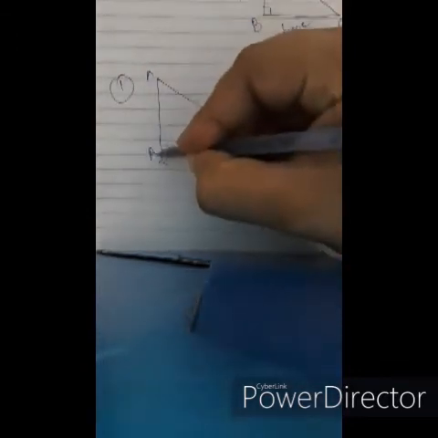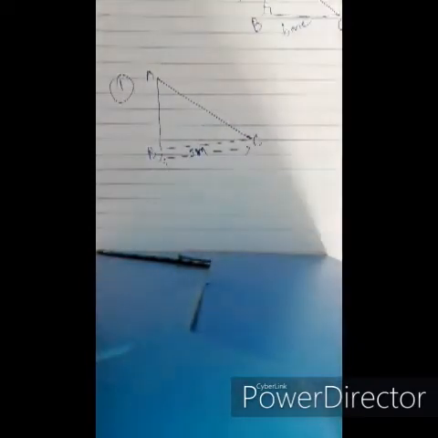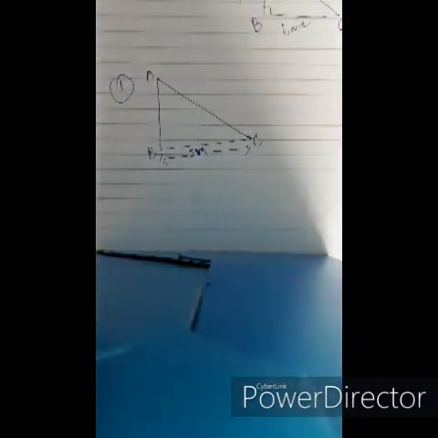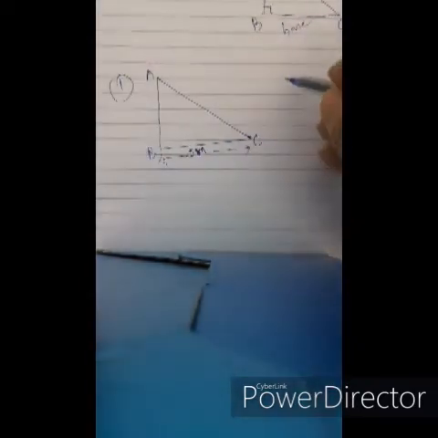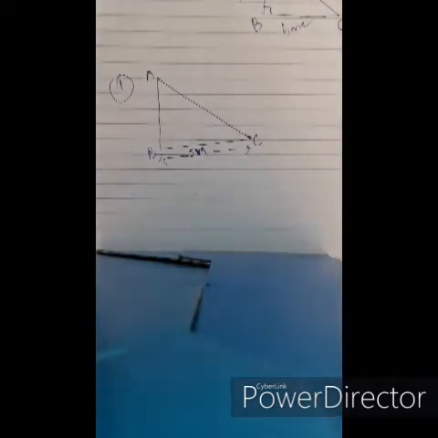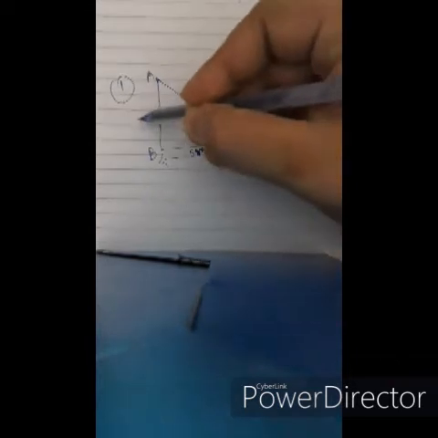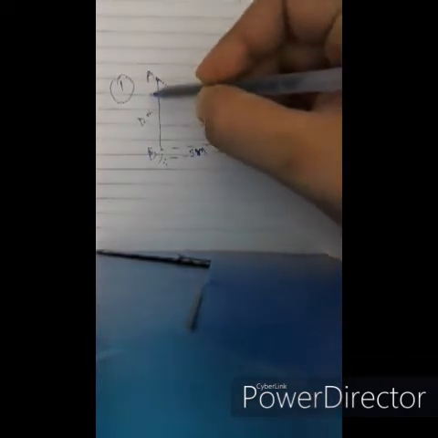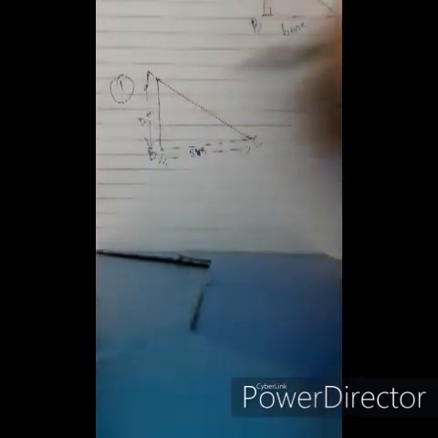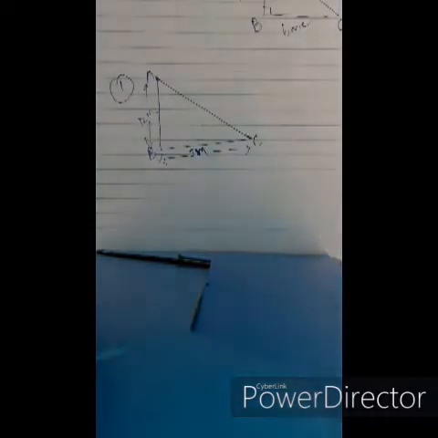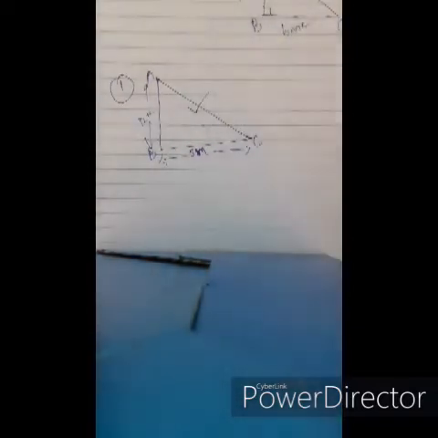AB is the wall and AC is the ladder. So BC becomes 5 meters. And its top reaches a window 12 meters above the ground. So this AB distance is 12 meters. So we have to find the length of the ladder, that is AC.